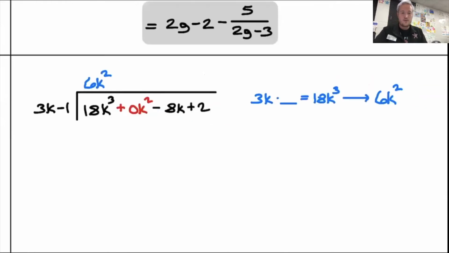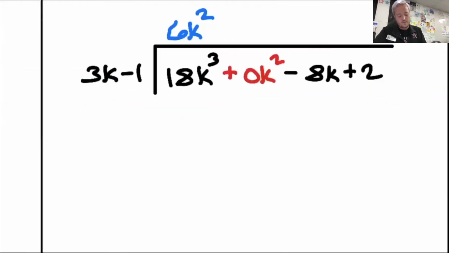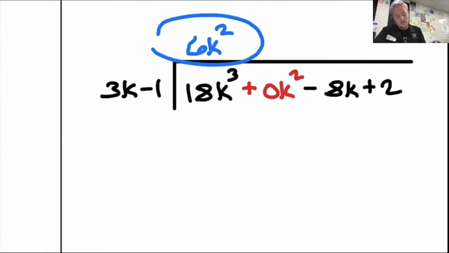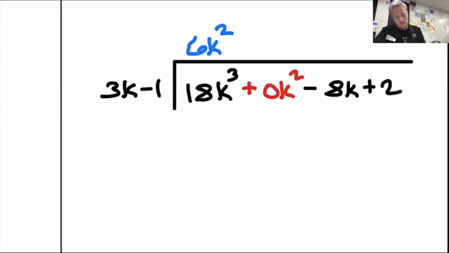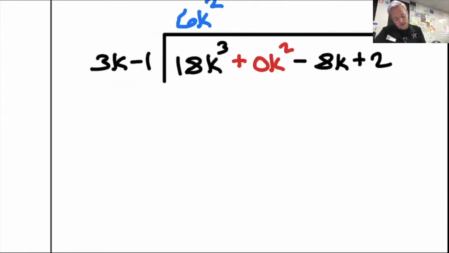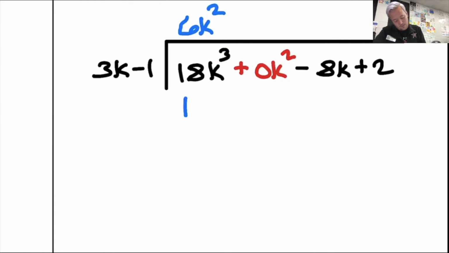Now I want to multiply 6k squared times 3k minus 1, and I'm going to write it underneath right here. 6k squared times 3k gives me 18k cubed, and 6k squared times negative 1 gives me negative 6k squared.